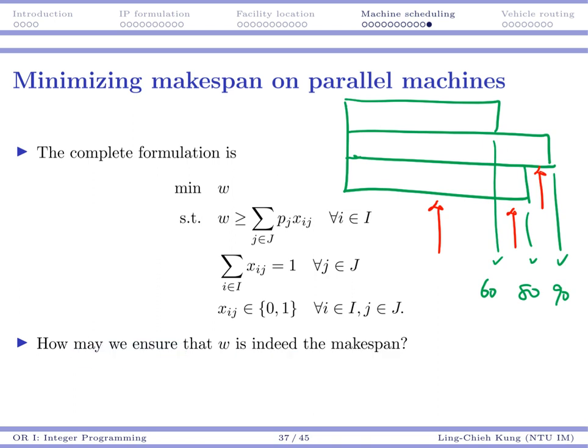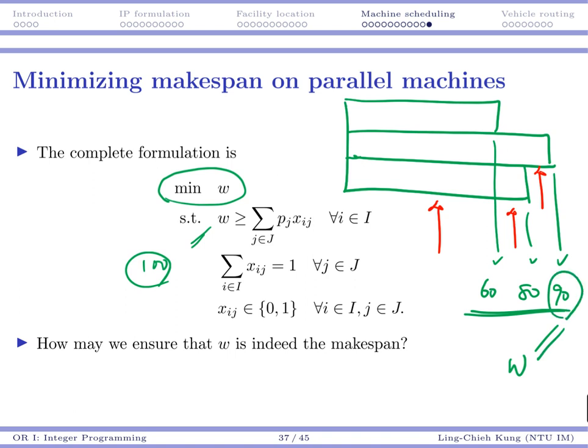The answer is that you are minimizing W. If W is 100, there's no way it stays at 100, because the minimization objective is going to cut down W as much as possible until W equals the maximum of these machine completion times.